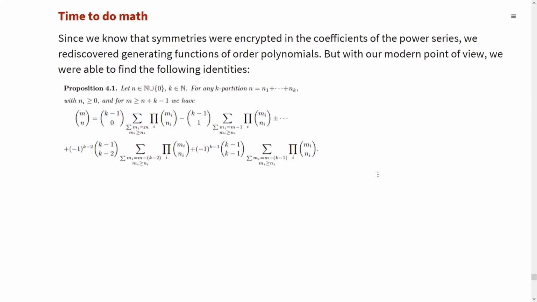So we have this evidence that symmetries of graphs are translated into symmetries of the power series, and we were able to develop, actually to rediscover, a theory of order polynomials, but we use a different point of view, and thanks to that point of view, one of the results that we have is the following new combinatorial identity that says that if you have n and you have a k partition of n, then for m big enough, the binomial coefficient can be written in this formula.